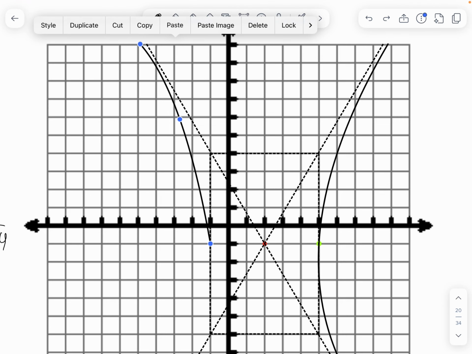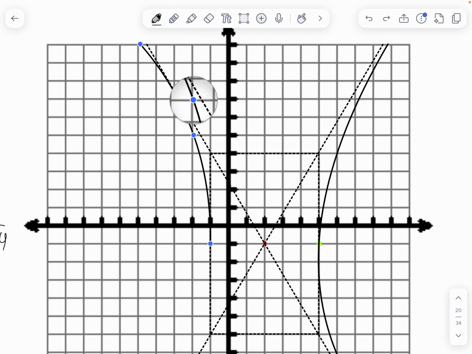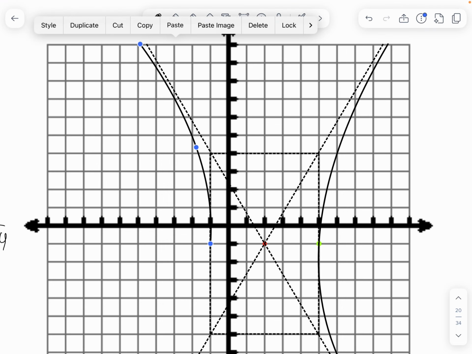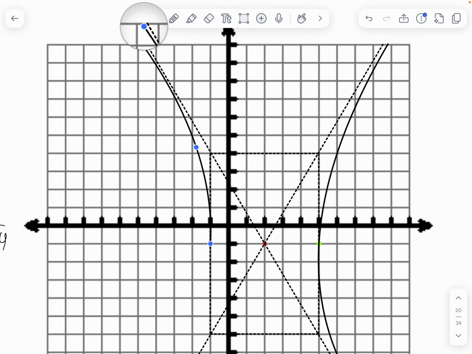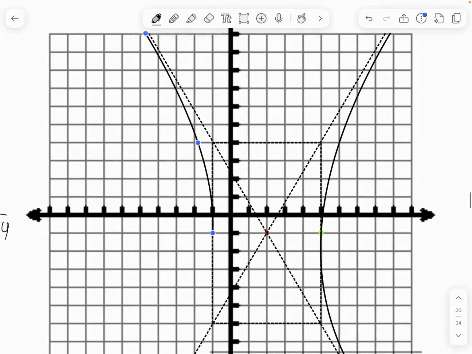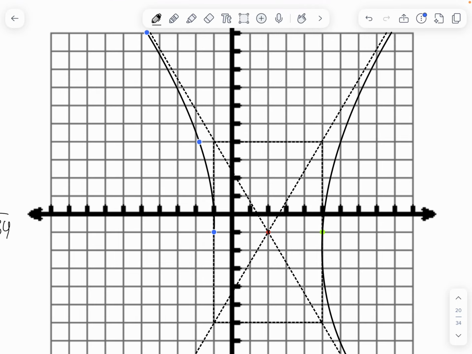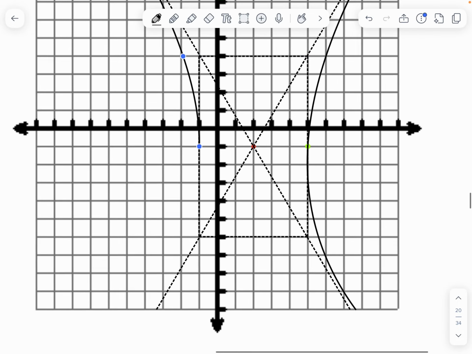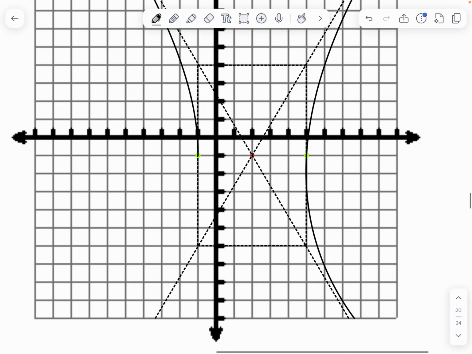I feel like there's too much of a space here. Okay, that's one side, and now for the other.